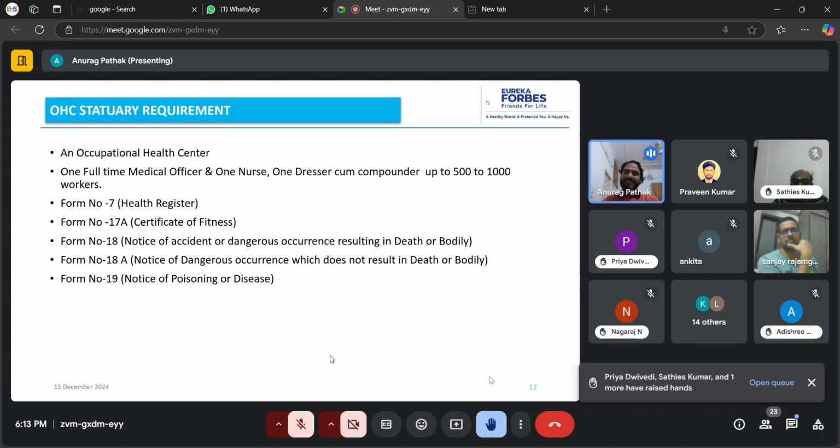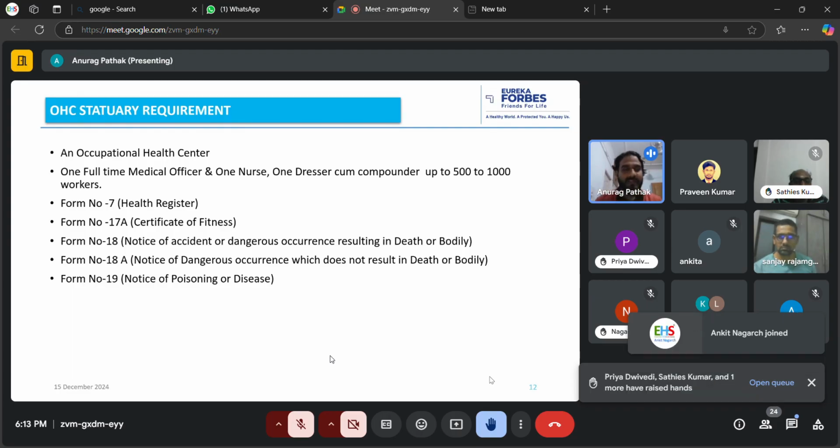Likewise, there are conditions where we have to put a doctor, where we have to put a dresser, where we have to put an ambulance. These are the requirements which are specifically written in the Factories Act 1948. All the things which we are doing in the industries are as per the Factories Act 1948 only.